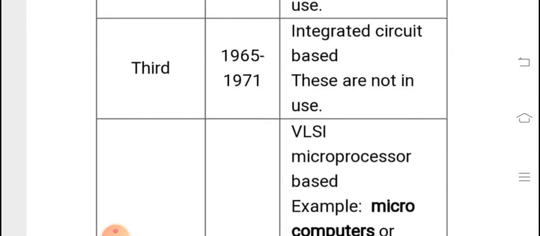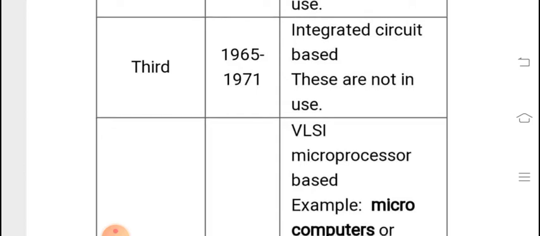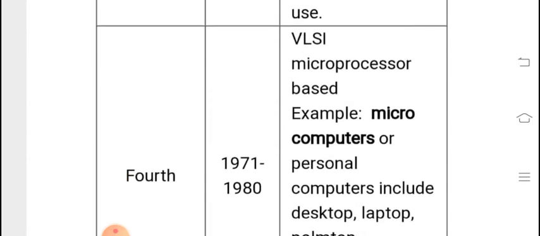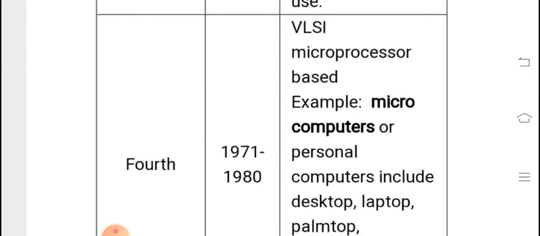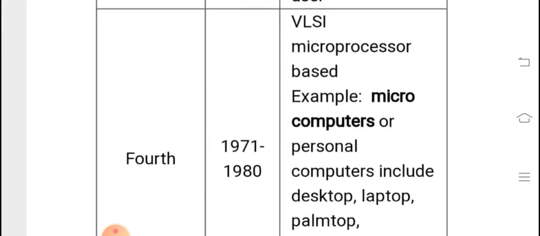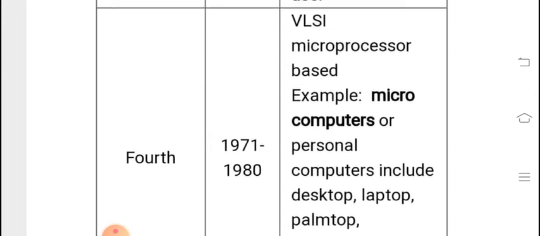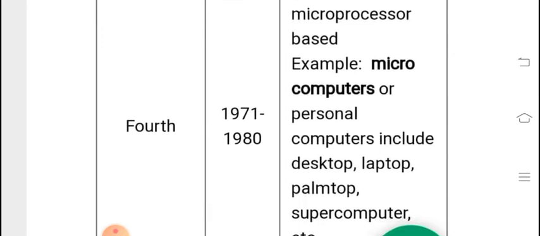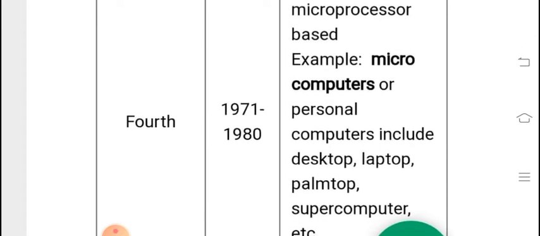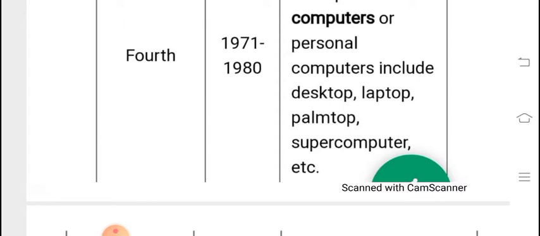Third is 1965 to 1971. Integrated circuit based. These are not in use. Next is 4th, 1971 to 1980. VLSI, microprocessor based. Example: microcomputers or personal computers include desktop, laptop, palm tops, supercomputer, etc.